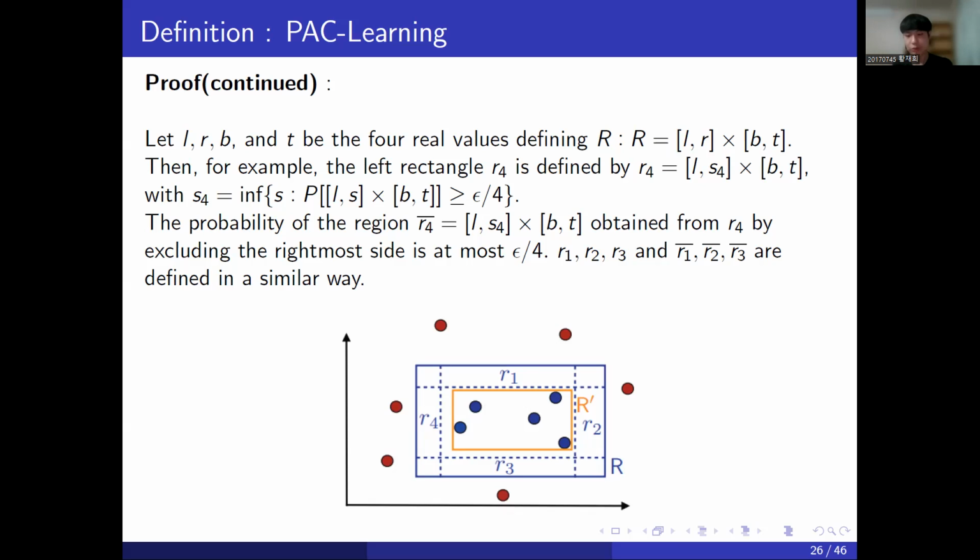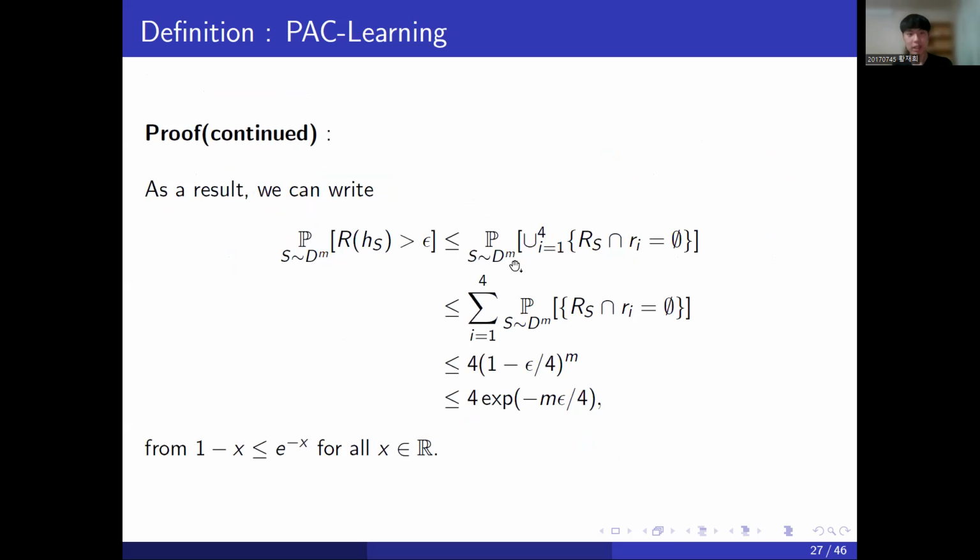The probability of region R4, which is equal to [l, s4) times [b, t], obtained from R4 by excluding the rightmost side, is at most epsilon over 4. And we can define R1, R2, and R3 in a similar way. As a result, we can write the probability of generalization error greater than epsilon as the union of these terms.